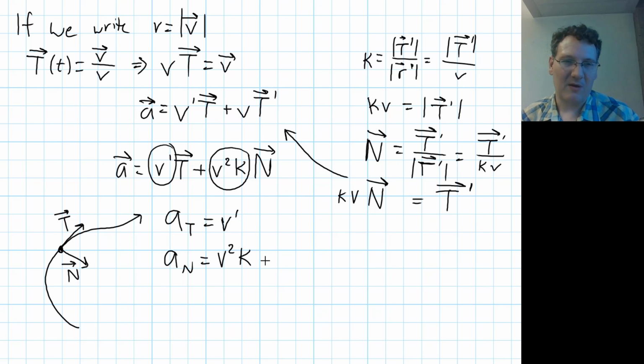This is just a way of breaking up the acceleration vector into these two components, and this is very useful for deriving laws of planetary motion, but I'm not going to go into all of that.